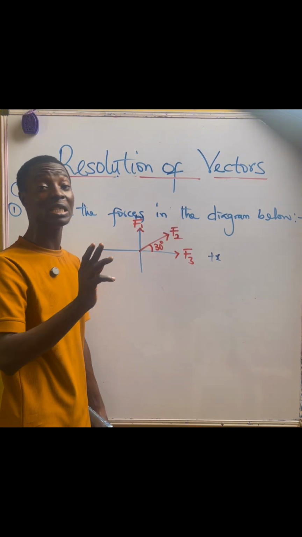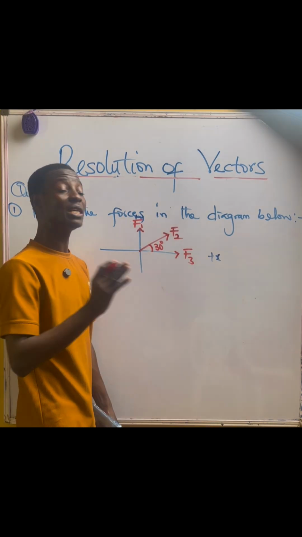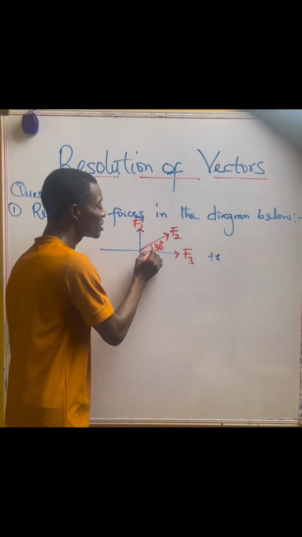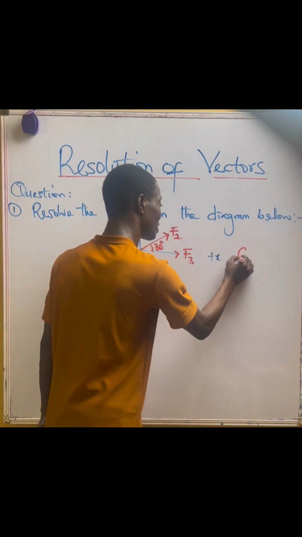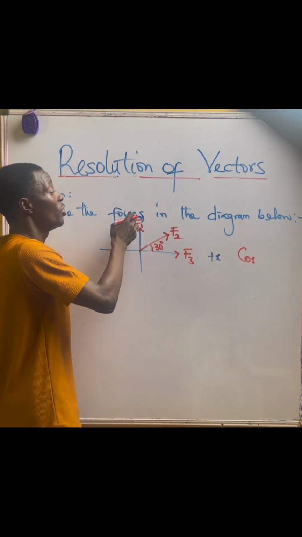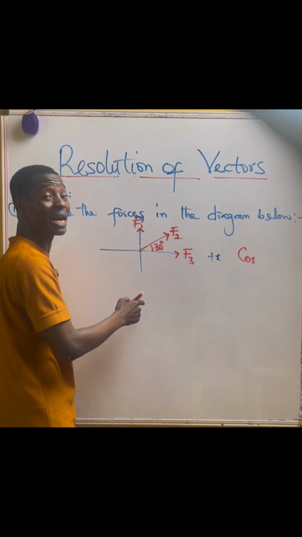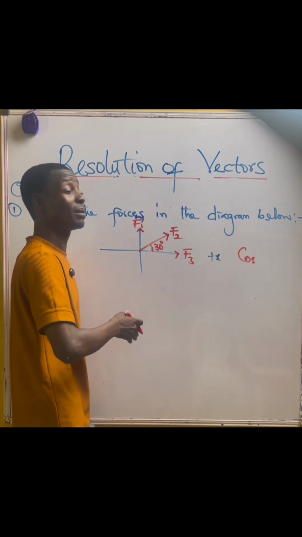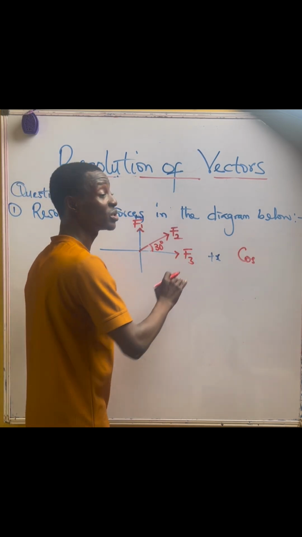That is what you'll be using to solve your question. You see, if you have your angle towards the horizontal, you can easily use cos here, right? And you can still use that 30 degrees for your sine whenever you're dealing with y-axis, because y-axis is always talking about sine and x-axis is always talking about cos.